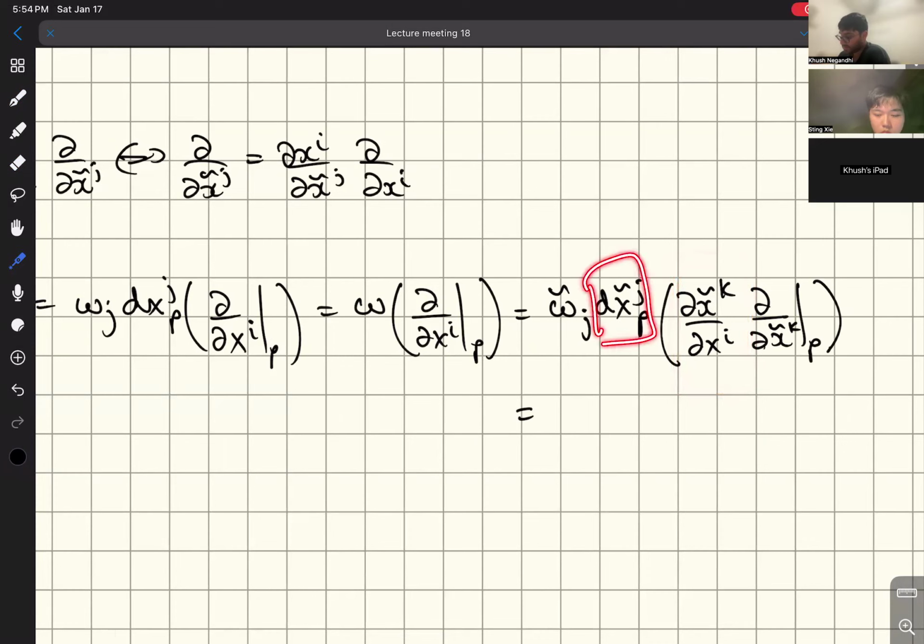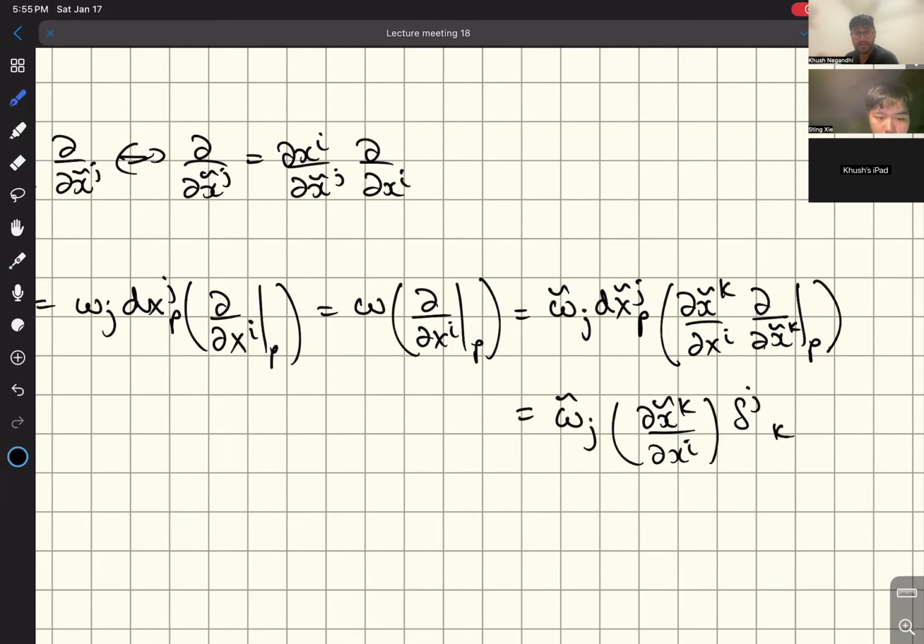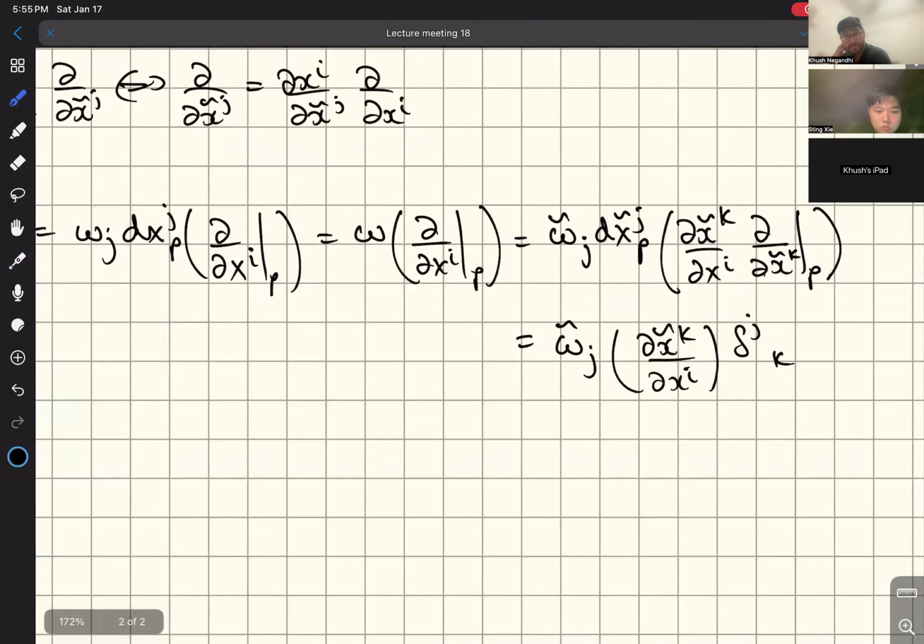So you have this dual vector acting on this basis vector, which means that j must equal k. So in other words, we have omega j tilde times this prefactor times delta jk, which just simplifies down. So okay, j equals k, so that means this must be a j. So this whole thing is replaced by omega tilde j partial xj partial xi.